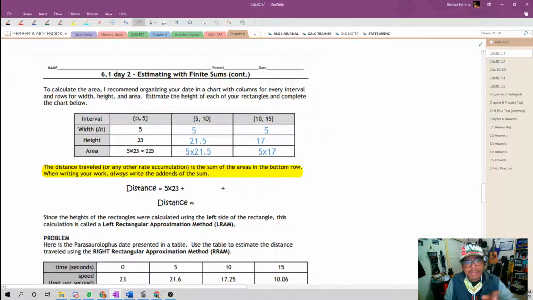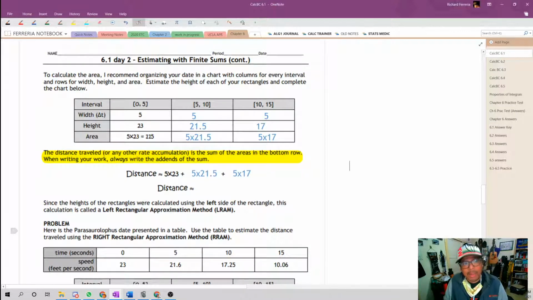Now the estimate for the distance traveled by P38NT is just going to be the sum of all of these rectangular areas. So the distance is going to be equal to 5 times 23 plus 5 times 21.5 plus 5 times 17. Now remember, you may not have 21.5 and 17 depending on how you choose to estimate those rectangles.